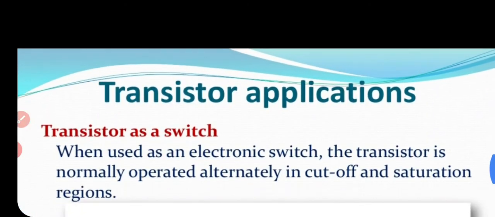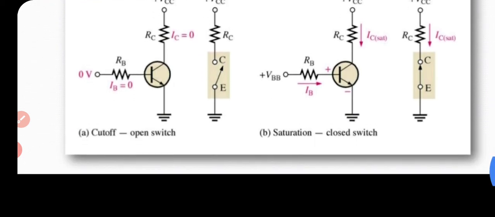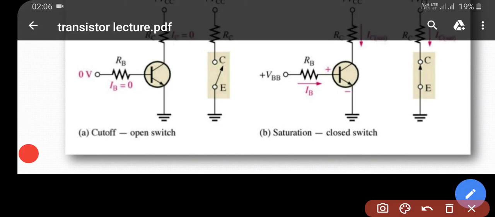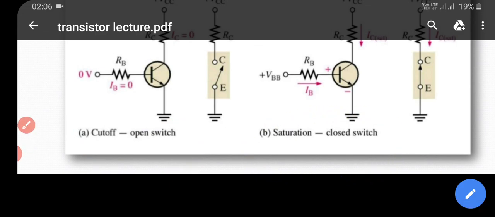Now transistor application. Transistor as a switch. When used as an electronic switch, the transistor works in two regions, cutoff region and saturation region. In cutoff region, transistor works as an open switch and in saturation region transistor works as a closed switch.